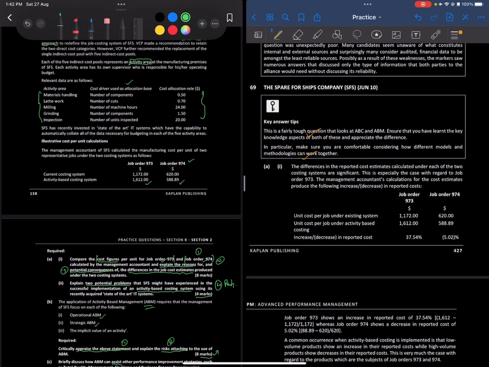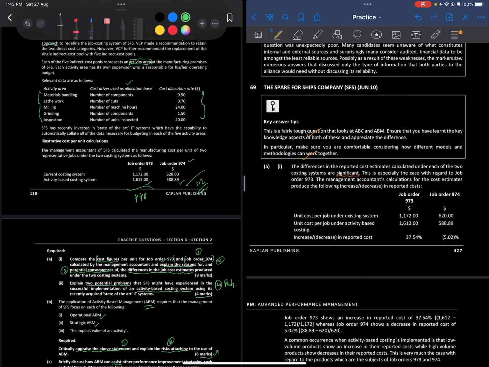Part A1: the differences in reported cost estimates calculated under each of the costing systems are significant. Remember what the difference is over here? Probably 11 minus 4, then 440, something like that, right? So it's very significant, almost 12 here as well.